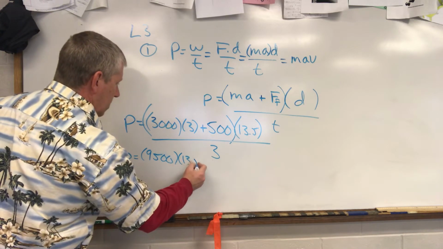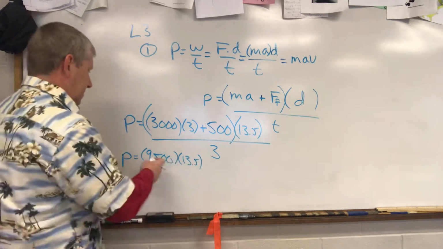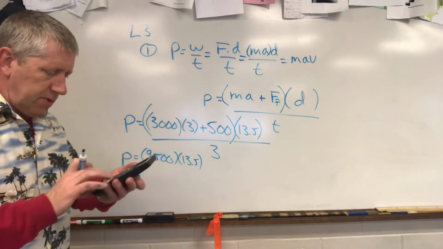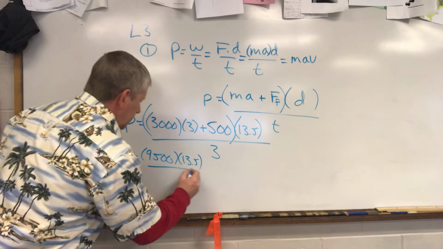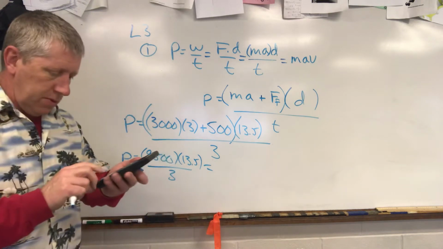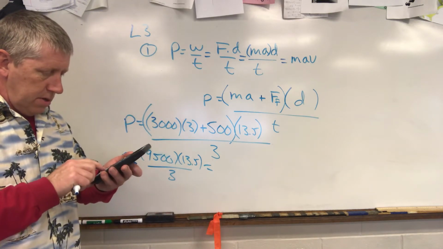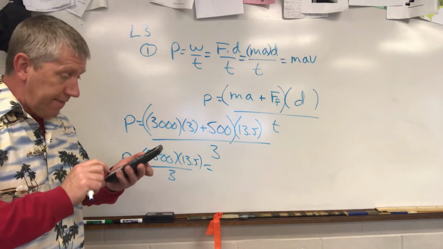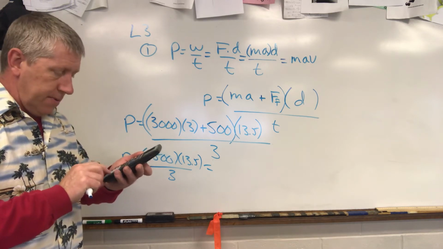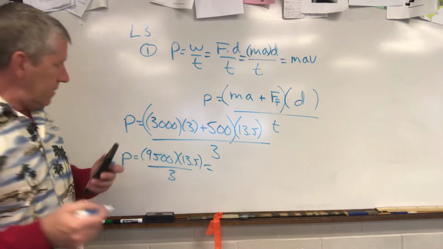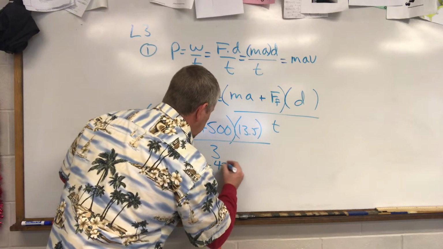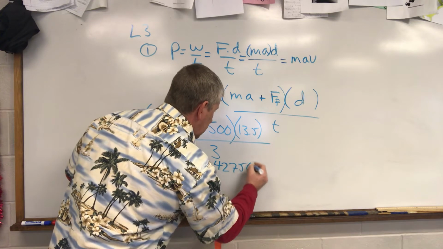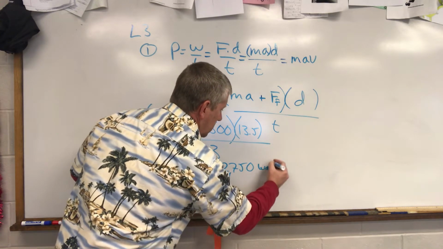Right now, well, that's a hard one. It's 3,000 something. I won't do it in my head, I'll just do it out. So let's do the math. 9,500 times 13.5 divided by 3 equals 42,750.